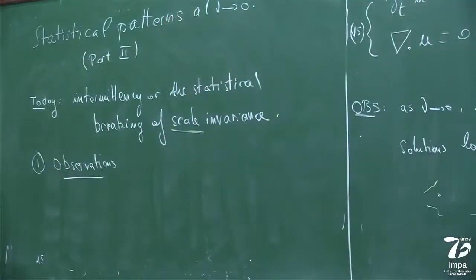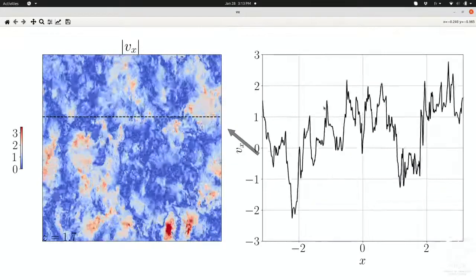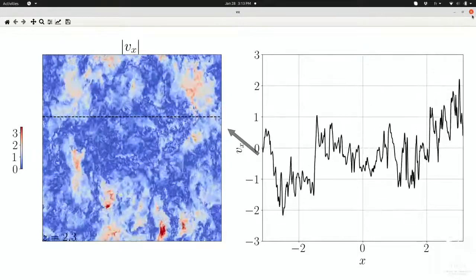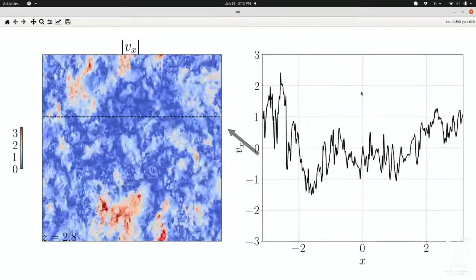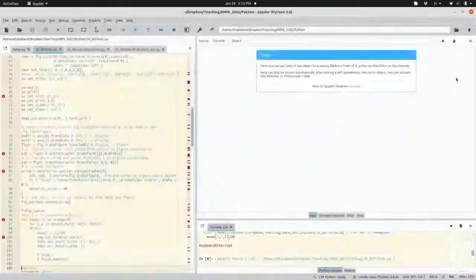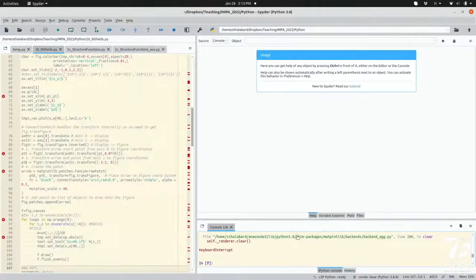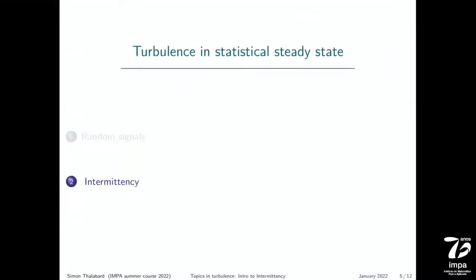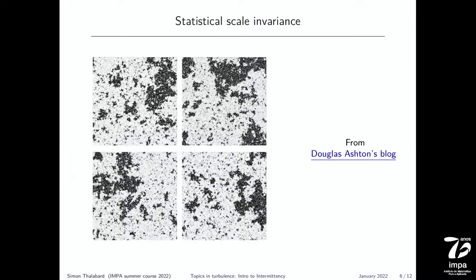And perhaps a useful point of reference to understand what we are talking about is to look at situations where scale invariance is very visual. This is an example which is not from turbulence. It comes from statistical physics, and relates to statistical scale invariance at a critical point.